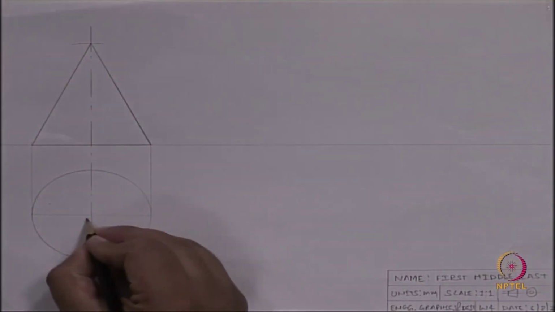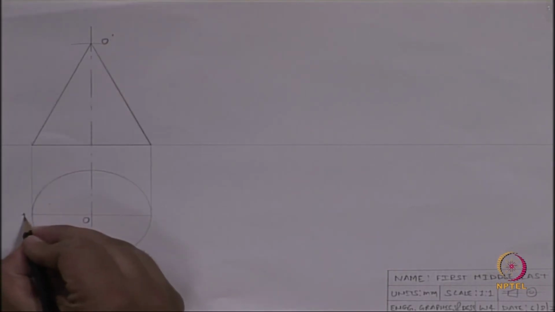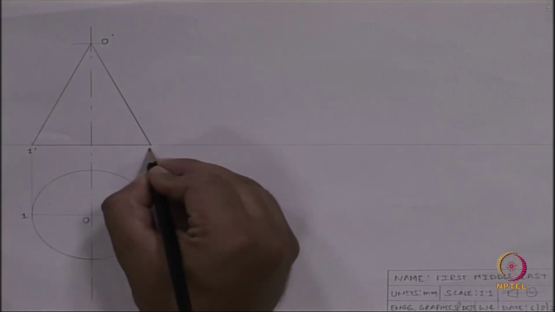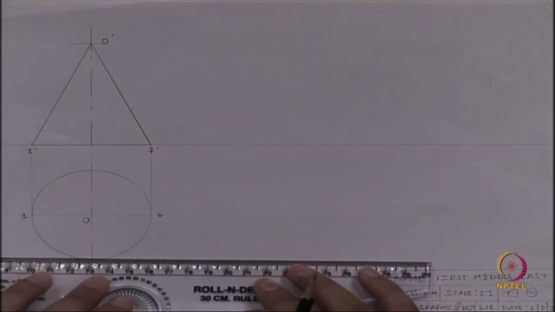Now, labeling it, this is apex, let us say this is 1, 7, 1 dash, 7 dash. Now, let us dimension it.